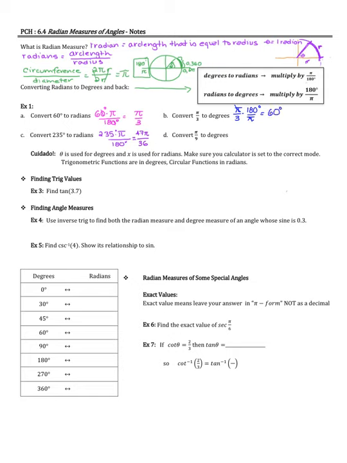Again, my shortcut is I usually just substitute 180 degrees here. 180 divided by 3 is 60, and you get to the same place. Pi over 9, same thing. I could just replace pi with 180, and 180 divided by 9 is 20. Or you can do the official 180 degrees over pi. Pi's cancel. Notice we get our 20 degrees that way.